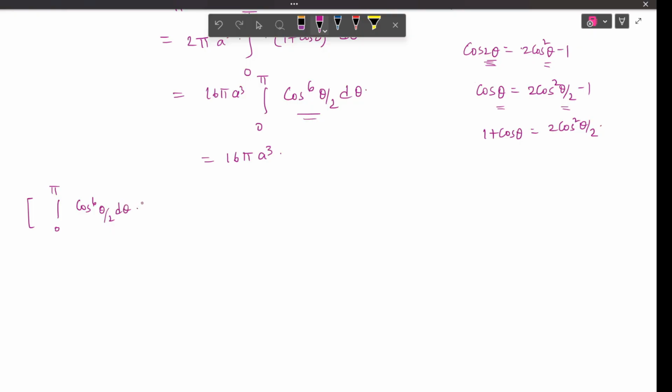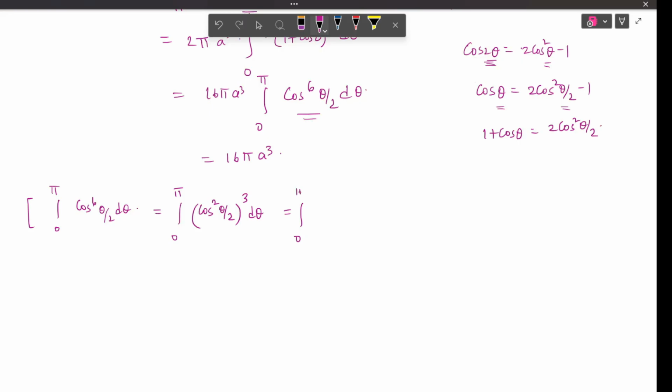So let us say this is 0 to pi, and we can write this as (cos square theta by 2) whole cube d theta.